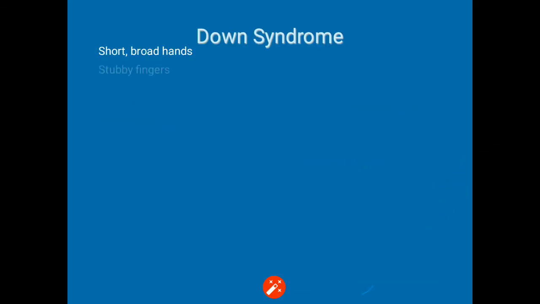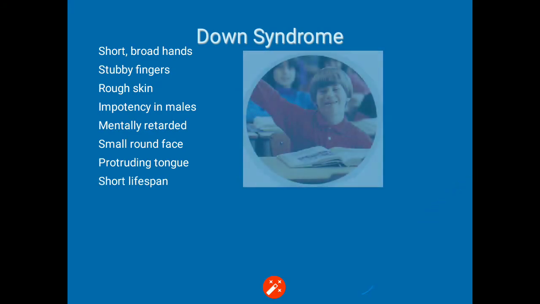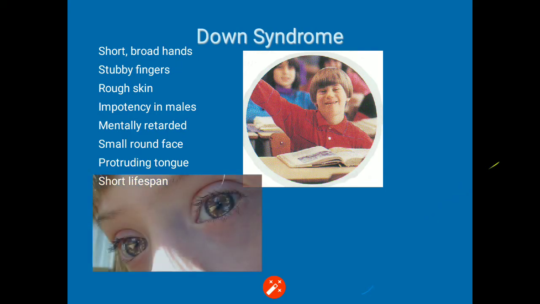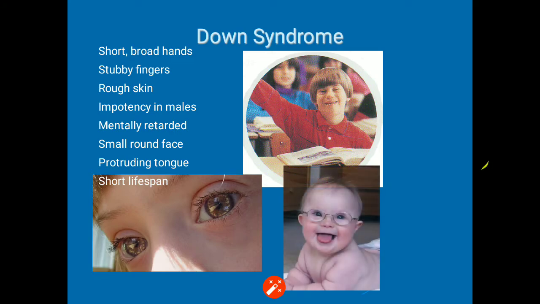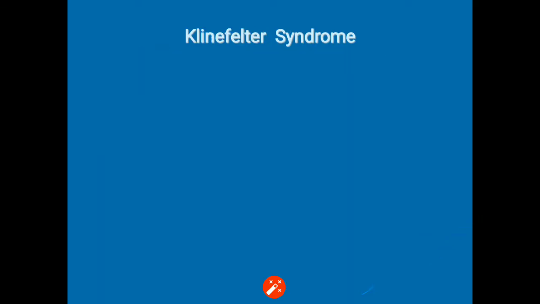Now the features or characteristics of Down syndrome: short broad hands, stubby fingers, rough skin, impotency in males, mental retardation, small round face, protruding tongue, and short lifespan. These are the images which will help you relate to the topic more.